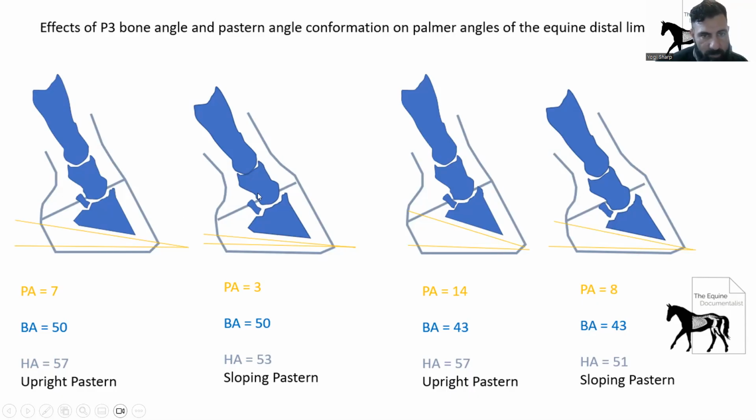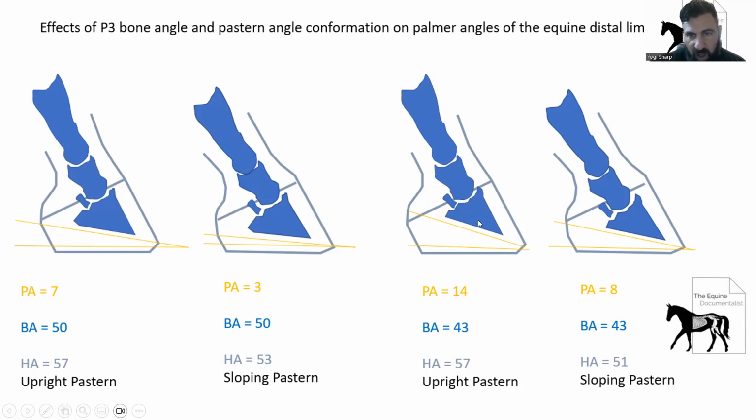Because this horse has a 53-degree hoof angle, and he has a 50-degree bone angle. So the 53-degree hoof angle gives him a straight hoof pastern axis, but he has a 50-degree bone angle, so he only needs a 3-degree palmar angle to achieve alignment.